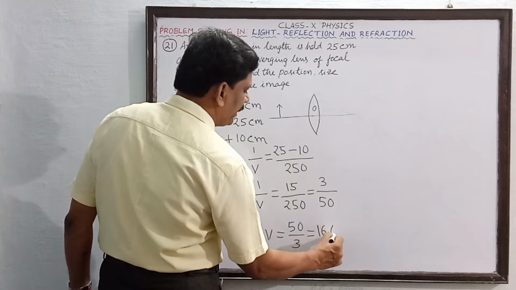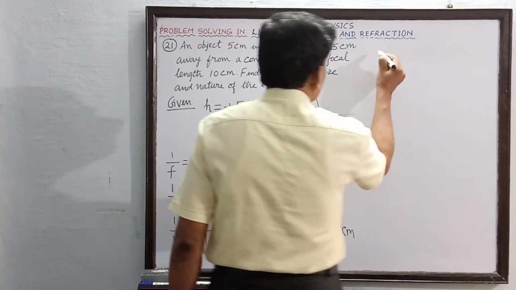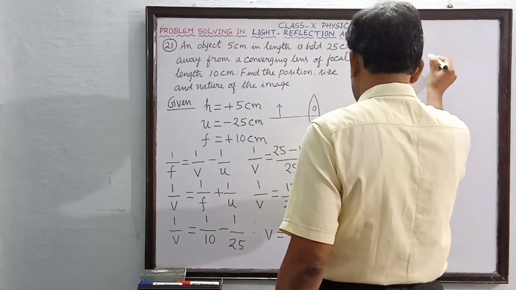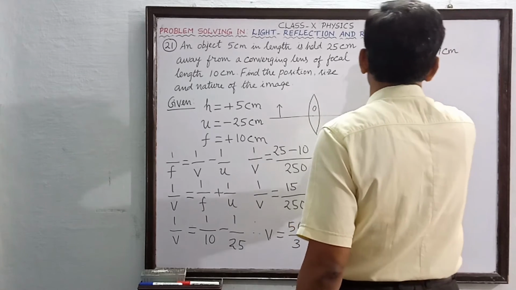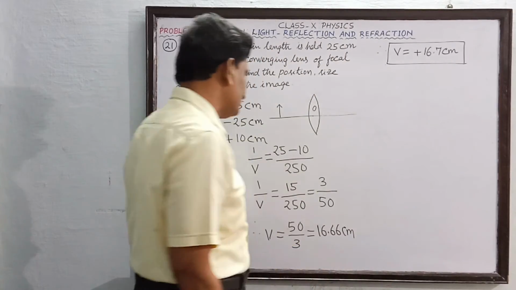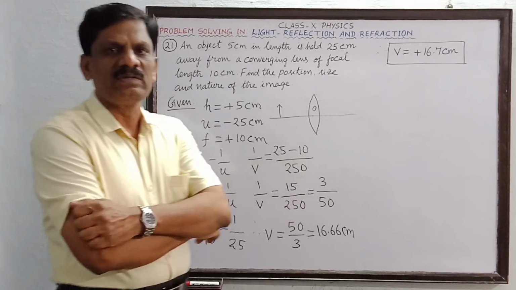So in 20 again 6 and 6 will be recurring. Therefore the image distance is equal to plus 16.7 centimeter, because 6 is recurring. Therefore the image distance v is 16.7 centimeter. Up to this, have you all understood, students?